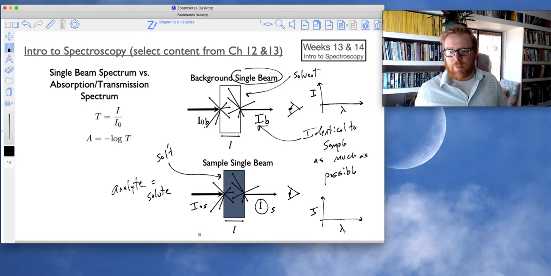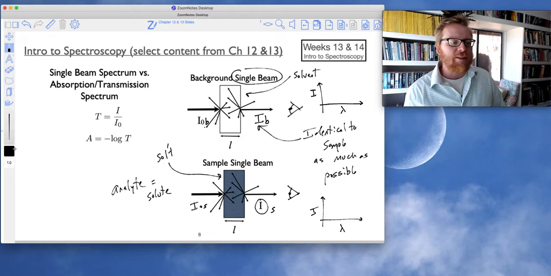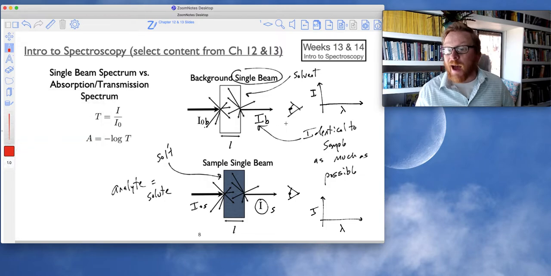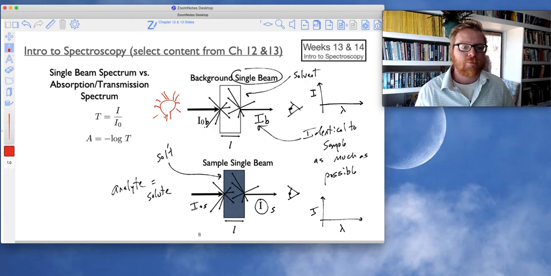Because each single beam spectrum is not going to be an absorbance spectrum. It's really going to be, if you think about it, an emission spectrum from the lamp itself, right? So I'll draw our little lamp right here, okay? So this is radiating out.